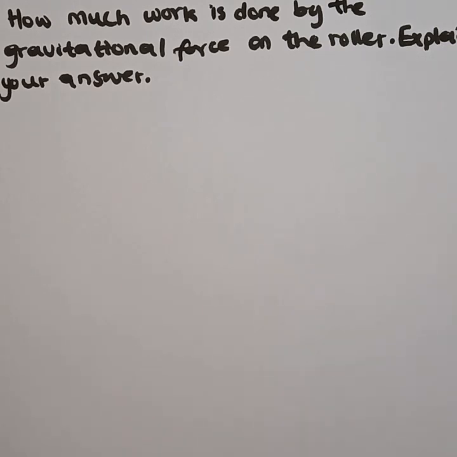How much work is done by the gravitational force? If we check the gravitational force, the angle between the gravitational force and the displacement is 90 degrees. So we already know that cos 90 will give us 0 work.